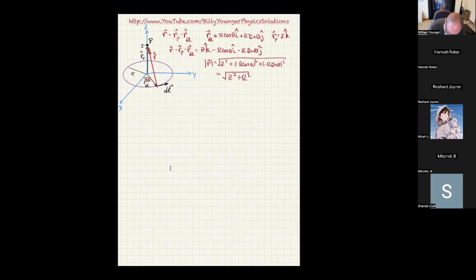So now we can say B is equal to the integral of dB, which equals mu 0 I over 4 pi times the integral of, now we're going to take a DL vector and cross it with what I told you was R, in fact, happens to be RP minus RDL.